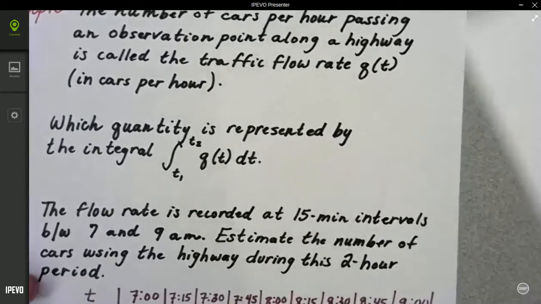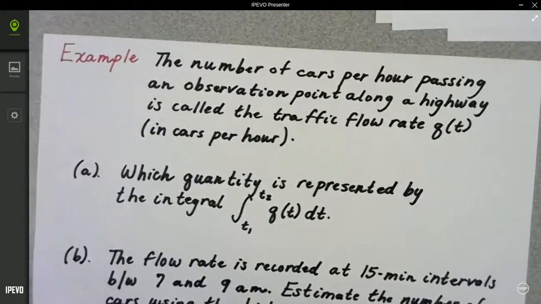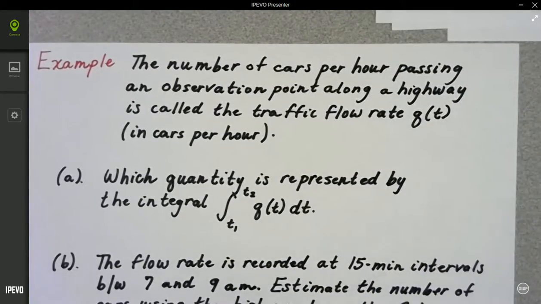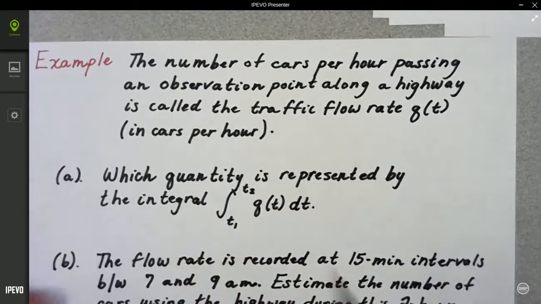Let's look at our second example. A lot going on here, a lot of words, but we'll get through it quickly. The number of cars per hour passing an observation point along a highway is called the traffic flow rate, Q of t, in cars per hour.